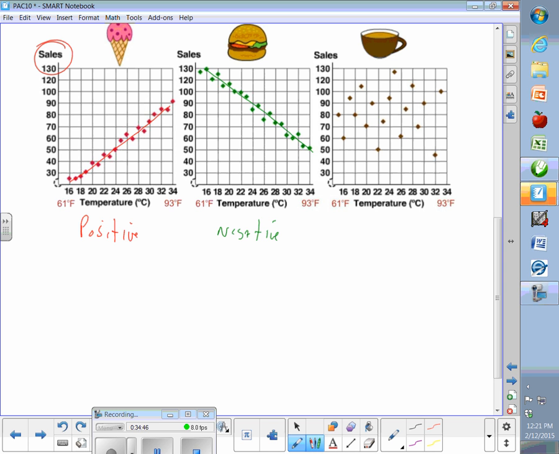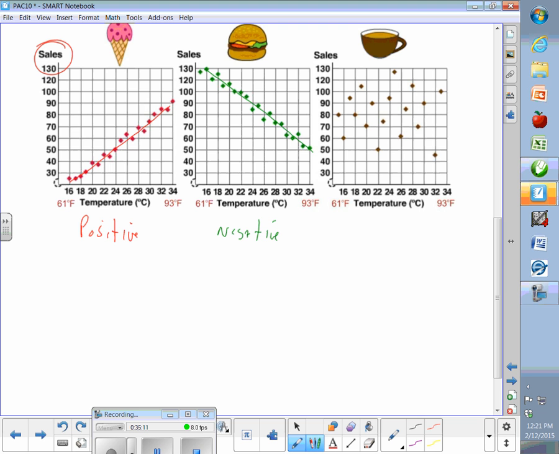And it didn't seem to matter what the temperature was when you're buying coffee. It was just all over the place as to how many bought on any given temperature. It was random. There was no clear correlation between the temperature and the number of sales. And you get a really scattered plot.